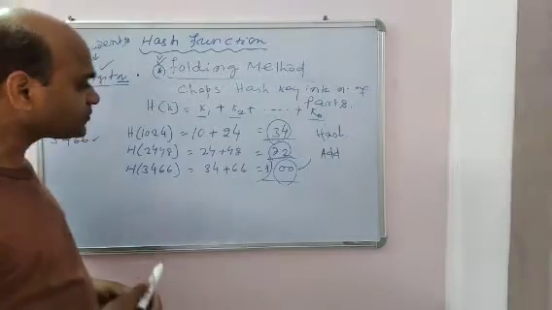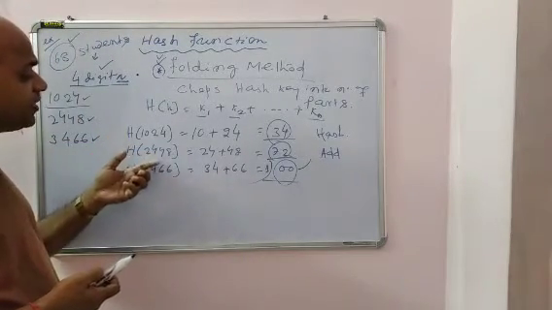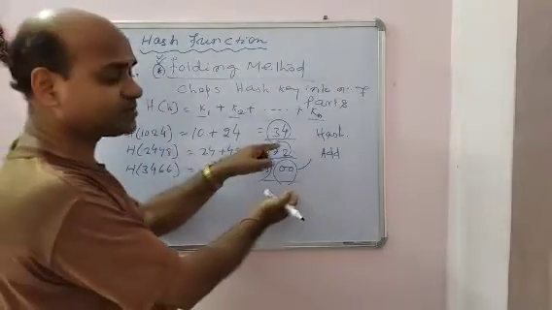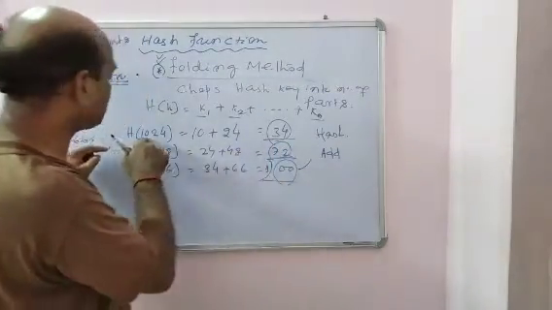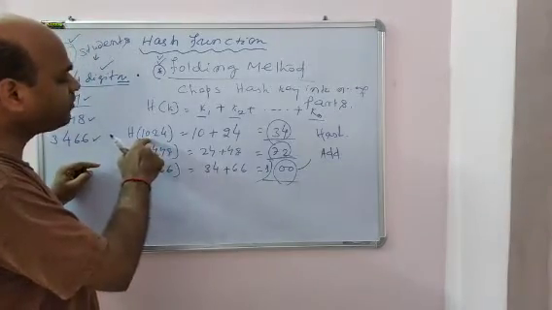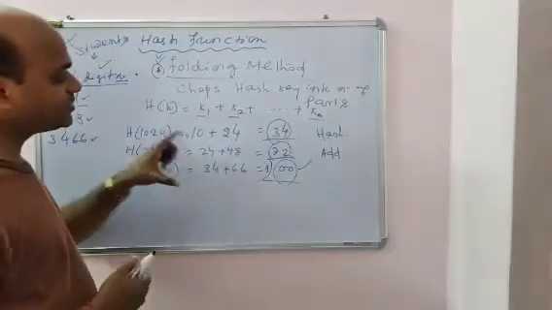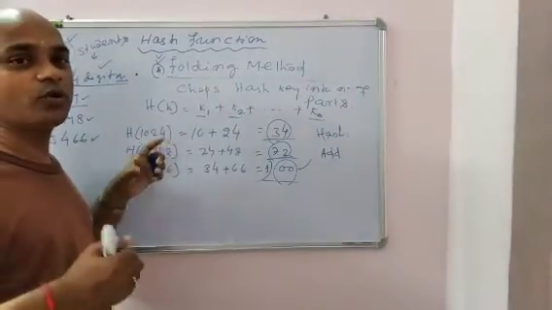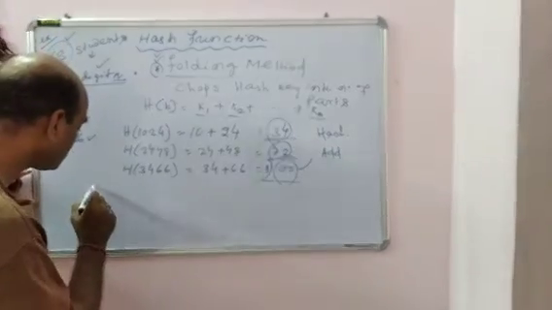Whenever different key values provide the same address, that is, more than one key value having a common memory address, at that time there is a collision. It will need collision resolution.